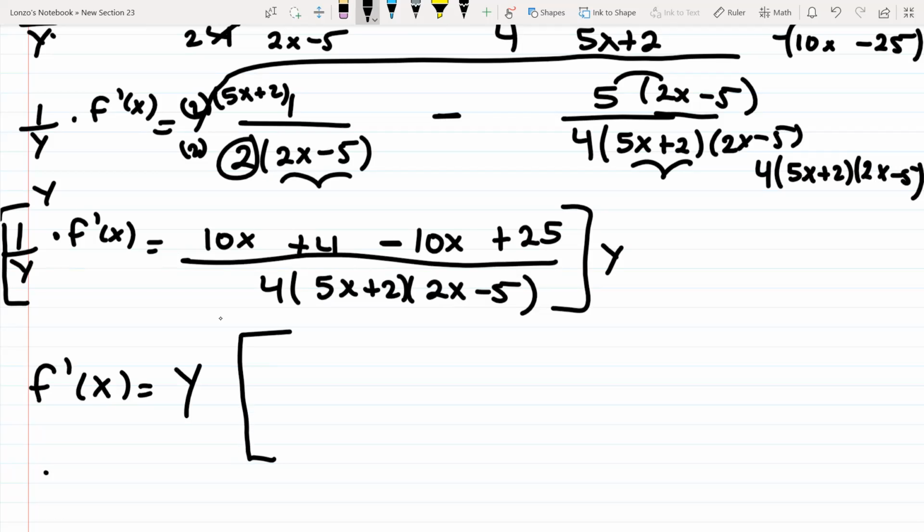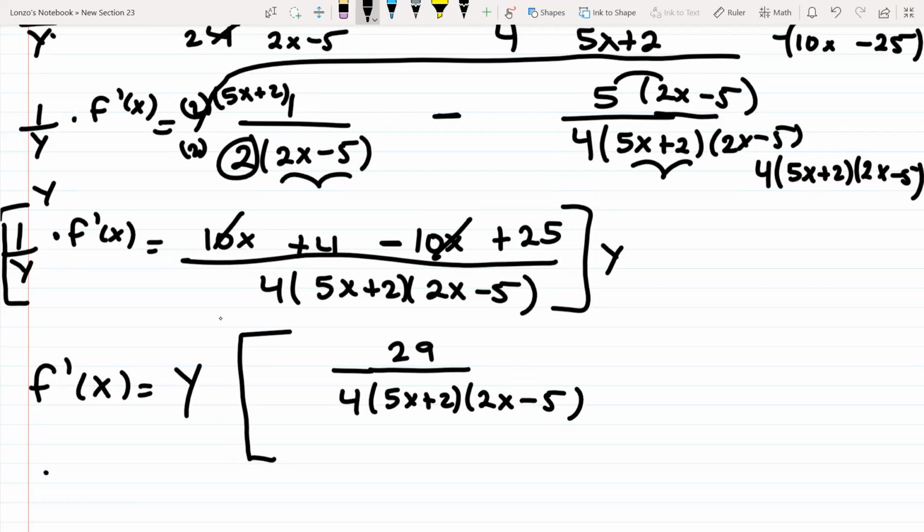And then I guess we can simplify this, so this cancels. So we're left with 25 plus 4 is 29. And then on the bottom, we're left with 4 times (5x plus 2) times (2x minus 5).